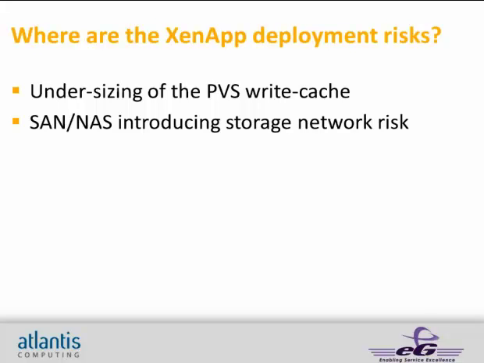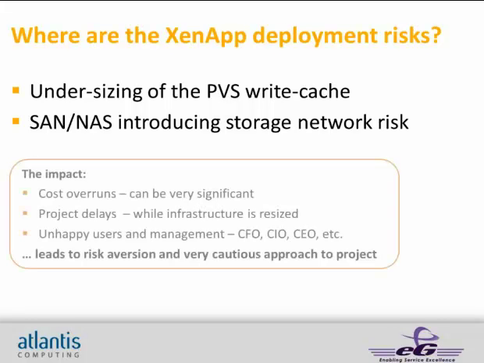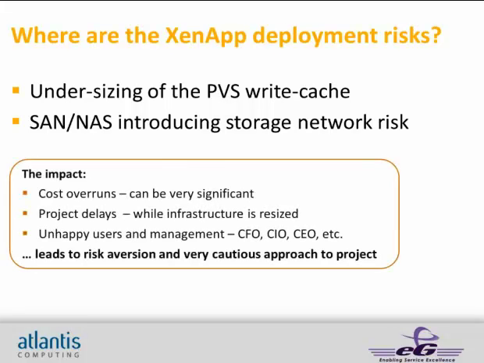So this is how you can essentially hurt yourself when you're virtualizing XenApp. You can undersize the PVS write cache, or you can use SAN or NAS in some non-optimal ways and introduce a tremendous amount of storage and networking risk as a result. And the impact really is three things. Number one, you're going to have to go back to your finance people and ask for more infrastructure. The cost overruns on your virtualization can be pretty significant.